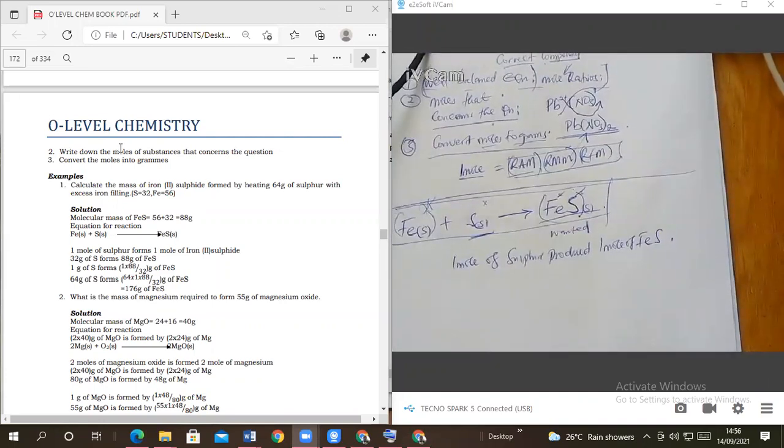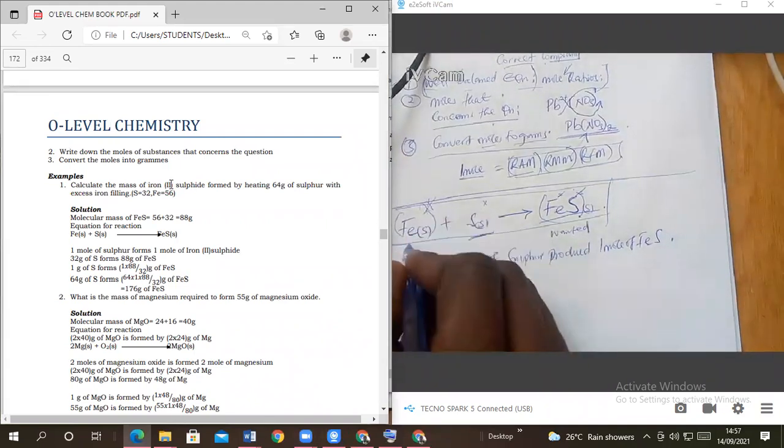Write down the moles of substances that concern the equation. So here, there are only 2 substances that are concerned. It is iron and sulfur. They have given you sulfur, they want the mass of iron sulfide. They have not given you the mass of iron, so leave iron alone.